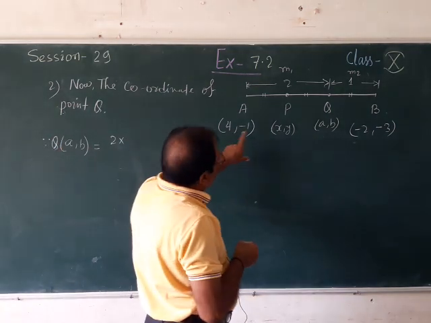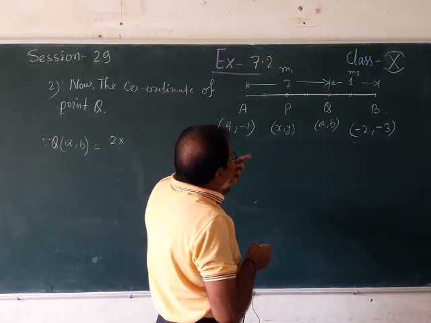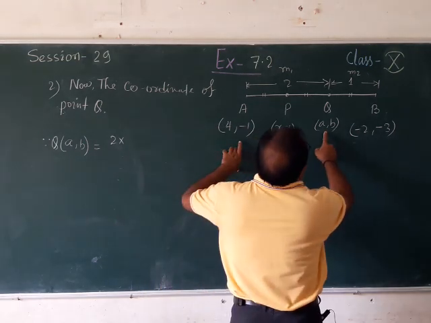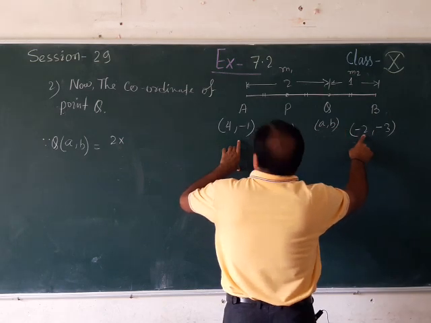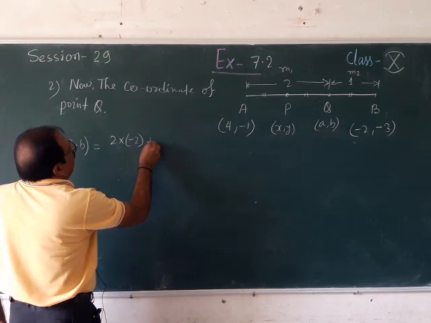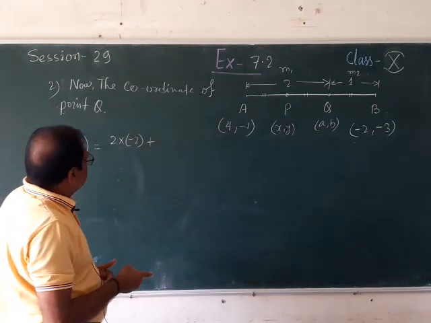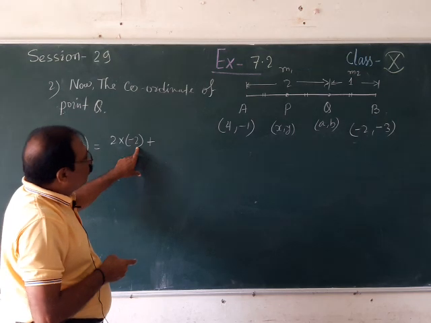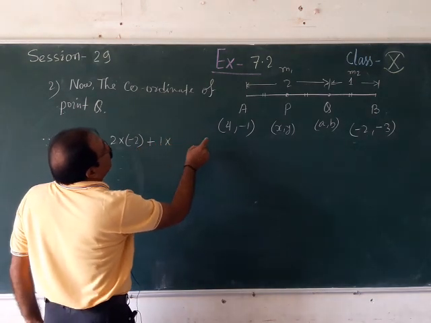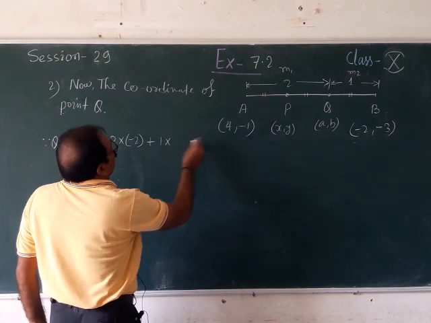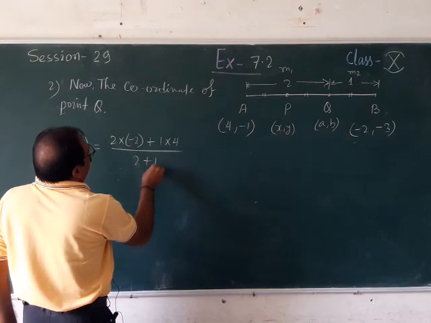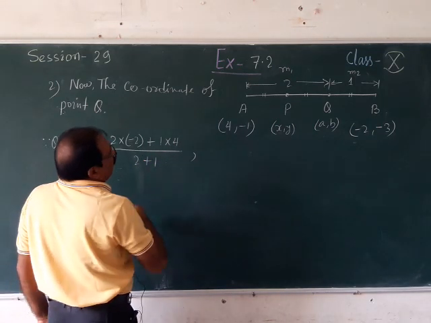For the point Q, x2 is -2, plus m2 into x1, that is 4, upon 2 plus 1, then comma.